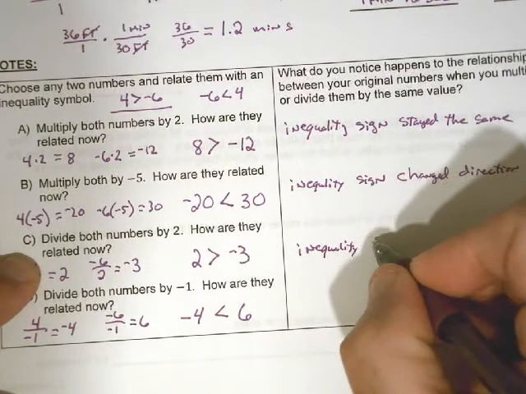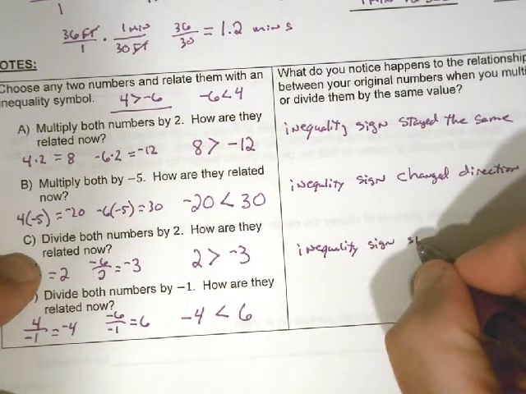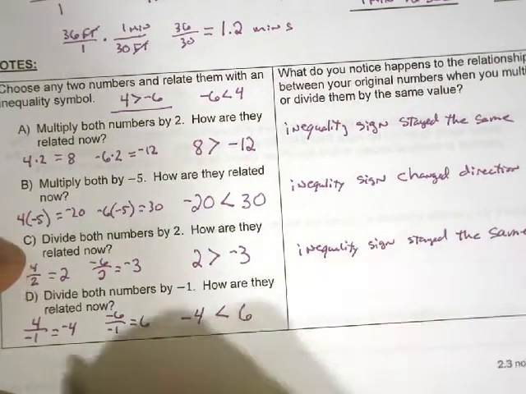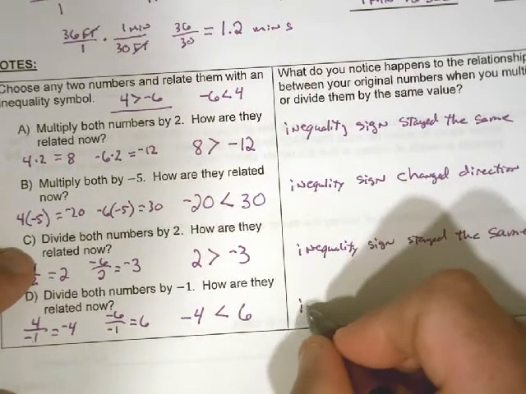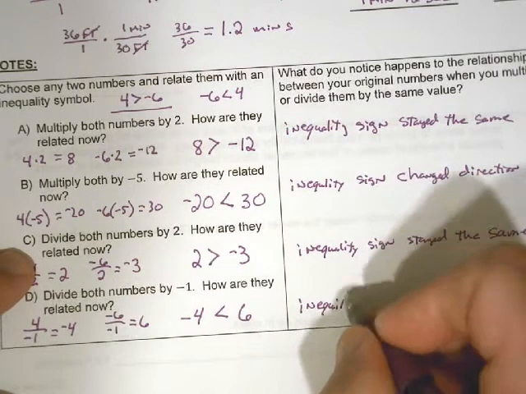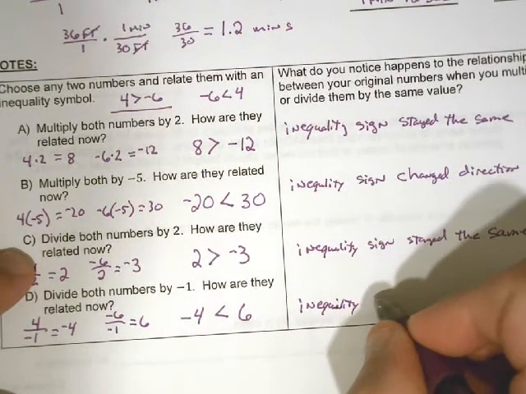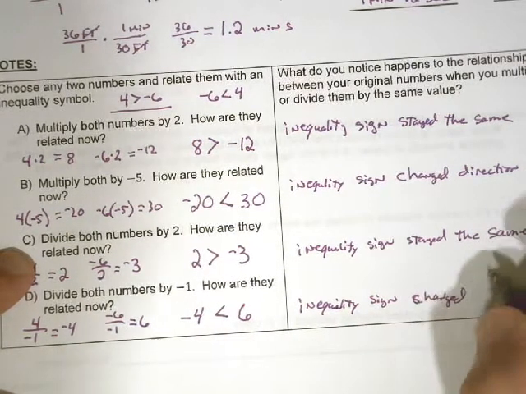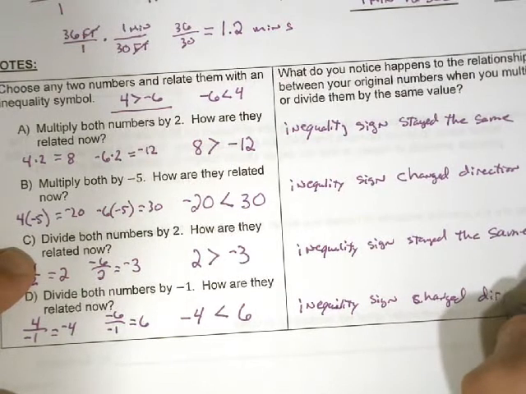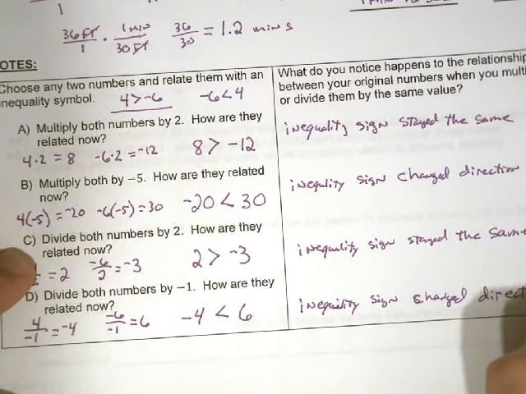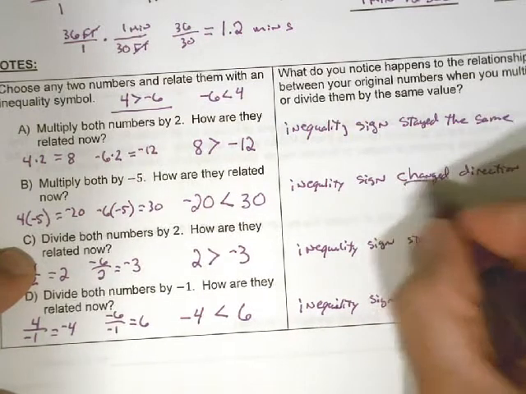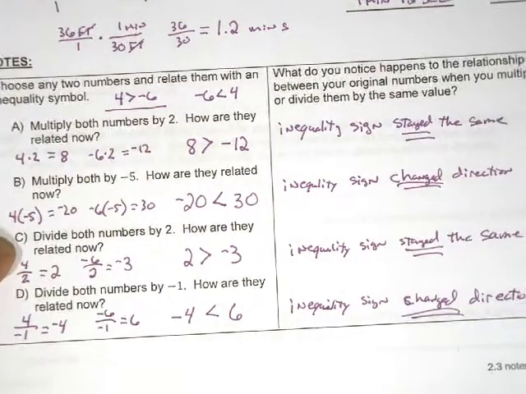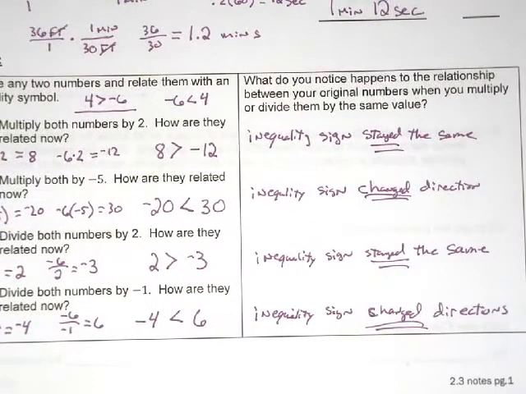Next one, inequality sign is back to staying the same. And finally, our inequality changed directions. We'll underline the changed and the stayed.